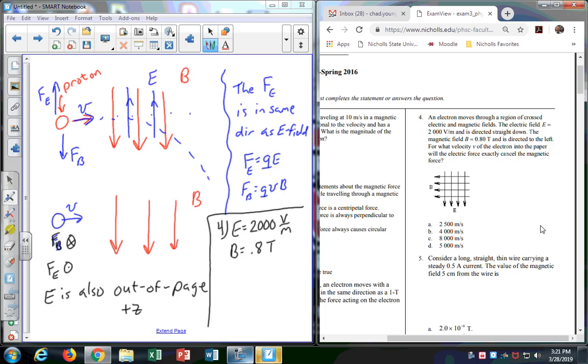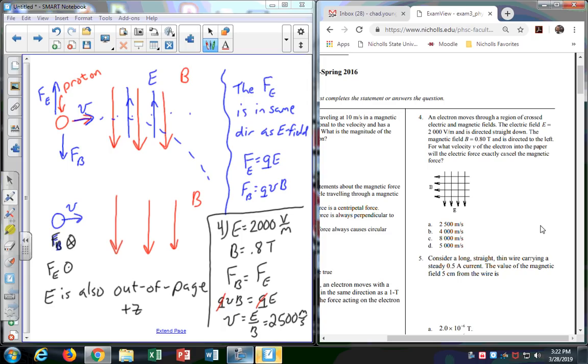And in order for that to happen, FB has to equal FE, in which case QVB is equal to QE. And in this case, the Q's cancel. It's not important. So I'm looking for the velocity. So I solve for V. It's equal to E divided by B. And that's going to equal 2,000 over 0.8. I think it was 2,500.